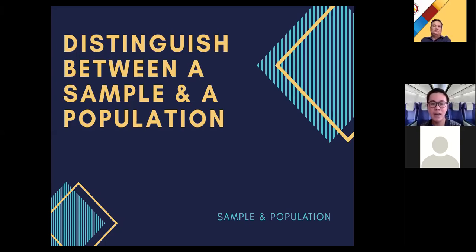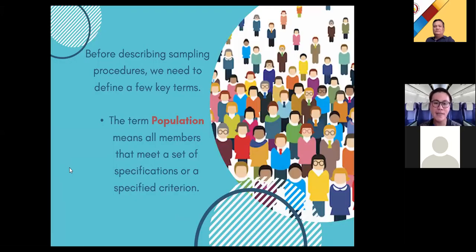Next is distinguish between a sample and a population. So before describing the sample procedures, we need to define a few key terms. Population means all members that meet a set of specifications or a specific criterion.